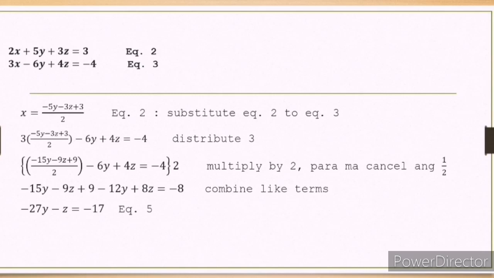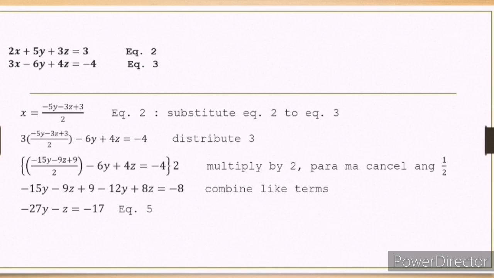Next, to substitute equation 2 to equation 3, so x is equal to negative 5y minus 3z plus 3 over 2. Then 3 times quantity negative 5y minus 3z plus 3 over 2, minus 6y plus 4z is equal to negative 4.